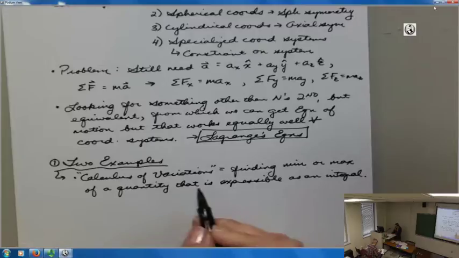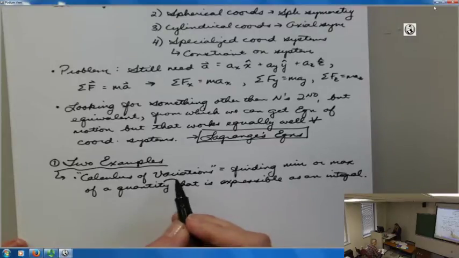Just to be very clear, the antecedent is the quantity. The quantity is expressible as an integral.